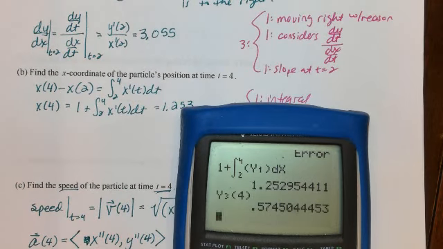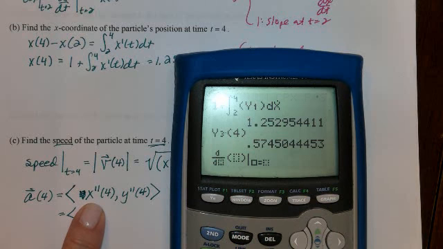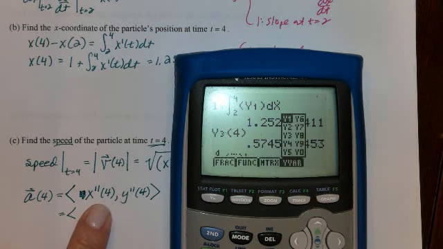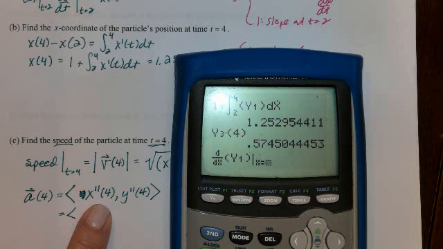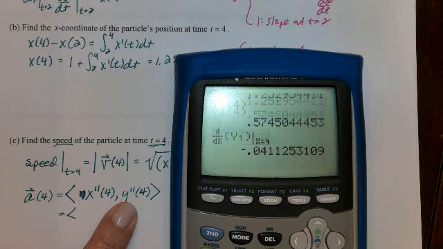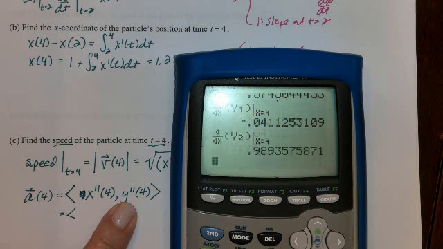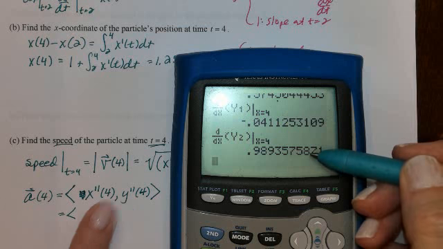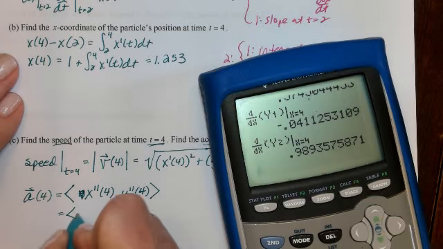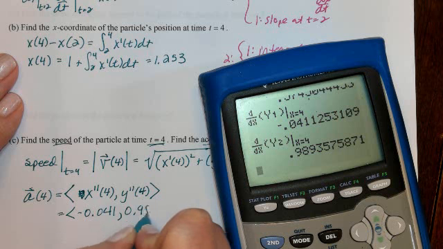So first for the x double prime, I'm going to find the derivative of y1 at time 4. That'll be my x-coordinate of the acceleration vector. And then same thing, except in place of y1 I'm going to put y2, and that will be the y-coordinate. So x-coordinate, y-coordinate of this vector. So negative 0.041 and then positive 0.989.